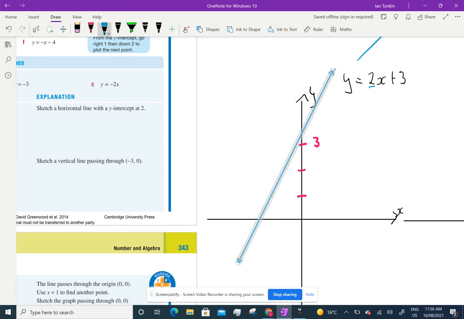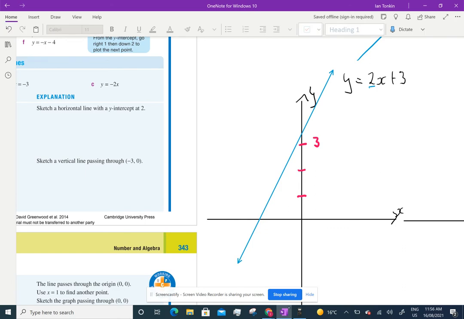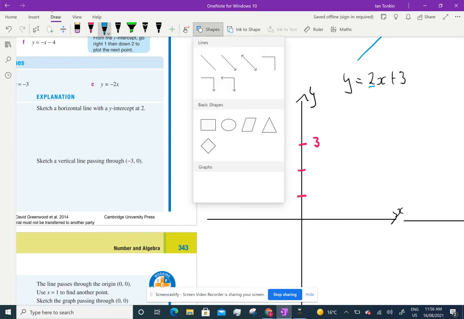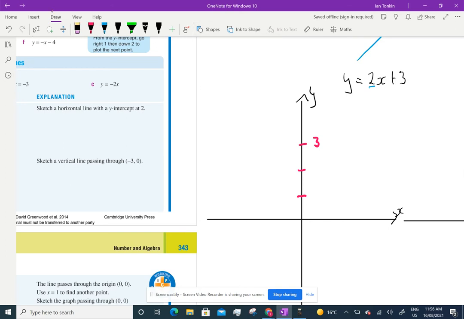Oh! I'll do it again. I thought I had it perfect before. So here we go. Oh, that's too steep. I want to try and make it reasonable. Yeah, that looks a bit better.